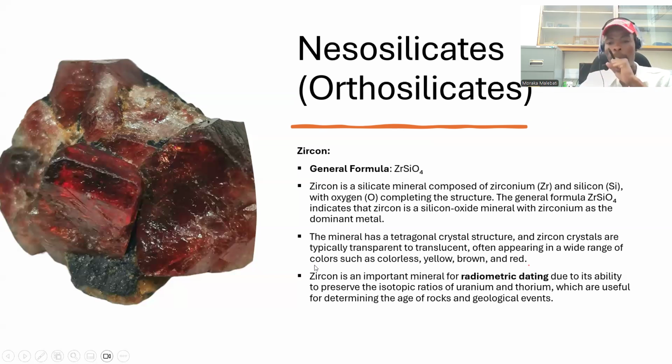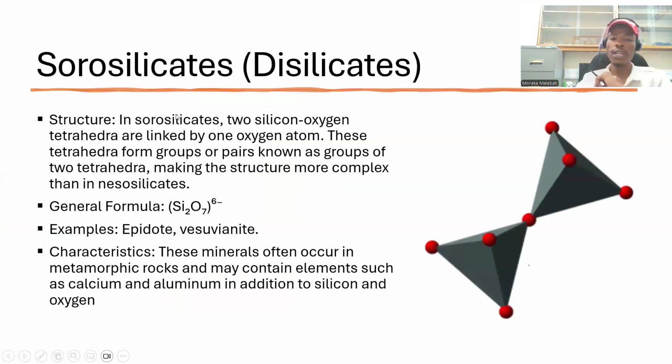Zircon is an important mineral for radiometric dating, due to its ability to preserve the isotopic ratios of uranium and thorium, which are useful for determining the age of rocks and geologic events.